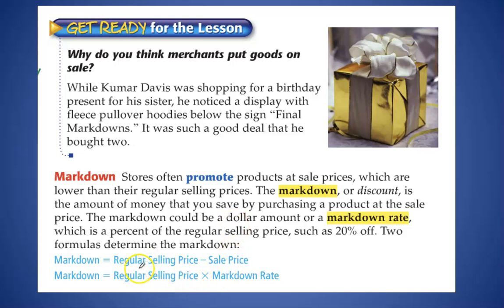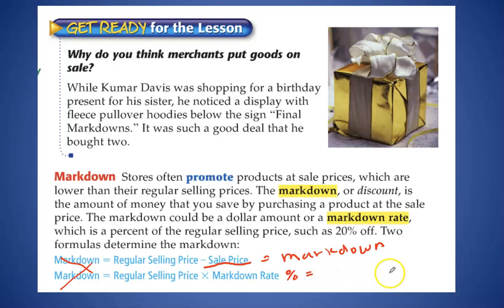So, on your notes, these are a little bit changed, so I would just get rid of that. So this regular selling price subtract the sale price is going to equal the markdown. And then the other is, again, you take the regular selling price times the markdown rate, which is the percent.